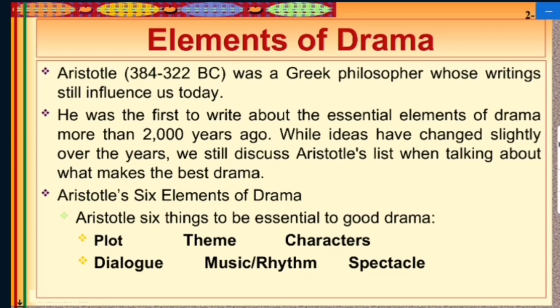Aristotle wrote six elements of drama, and they are essential to any good drama. The first one is plot, then theme, the third is character, the fourth is dialogue, the fifth is music or rhythm, and the sixth is spectacle. These are the six elements of drama.